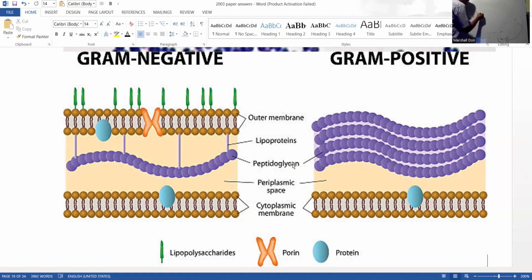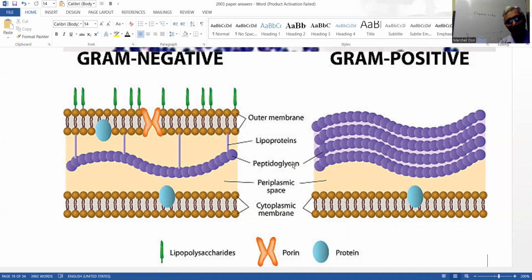It is called crystal violet. This is actually gentian violet in pharmacy. In laboratory, it is crystal violet. This is the chemical giving this color.